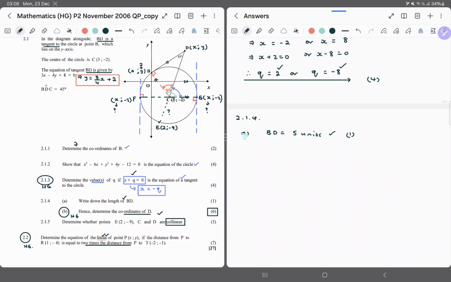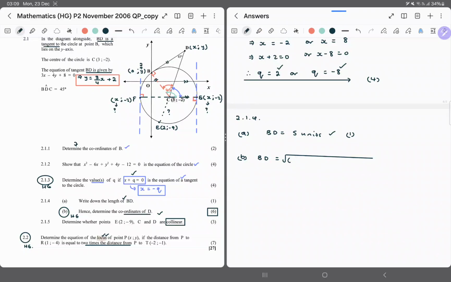So this is A. B, we need to find the coordinates of D now. So we know that BD is equal to 5 units.